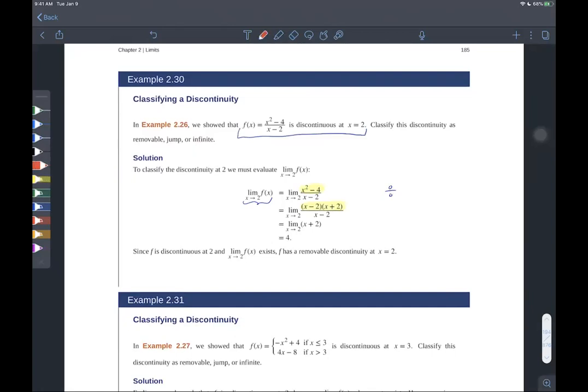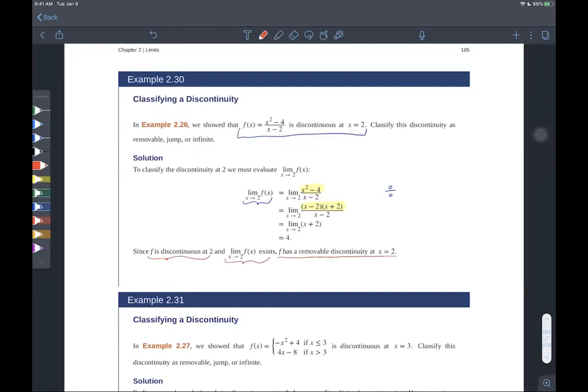Then we can essentially cancel these two factors, and the limit as x approaches 2 of x plus 2 is 4. So we know that f is discontinuous at 2. The limit does exist. So then f has a removable discontinuity at x equals 2.